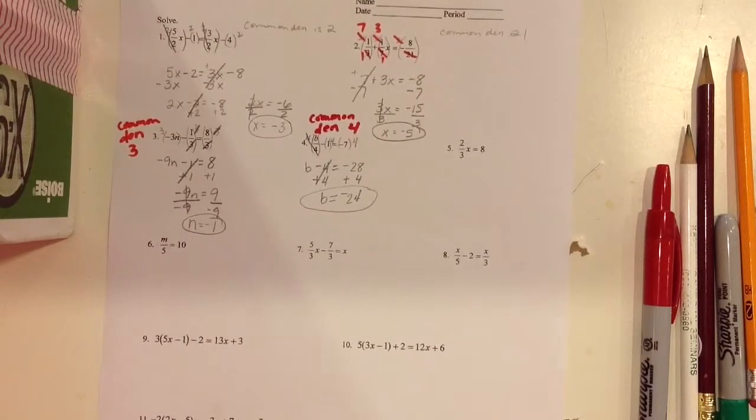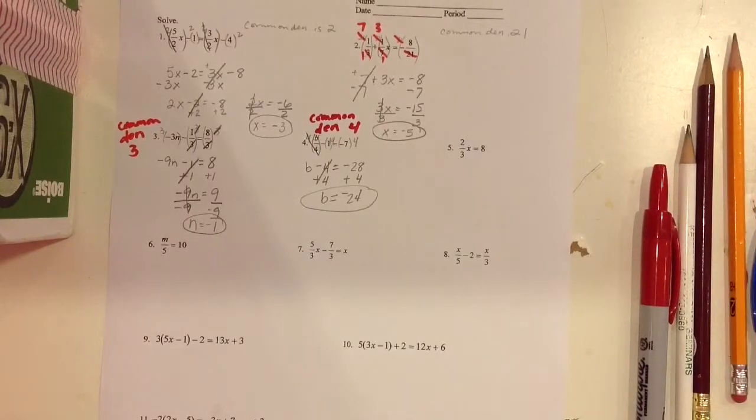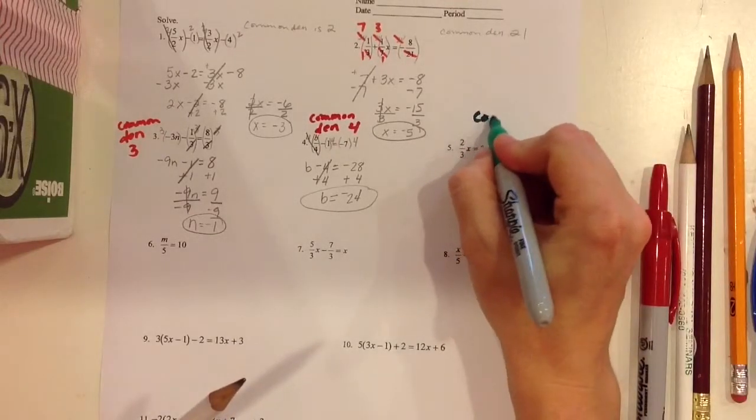Now on this next one, there's a couple of actual things you can do. You can multiply by the reciprocal if you wanted to. I'm just going to continue to go with what we're doing here, getting a common denominator, multiplying by it, and dealing with the fraction this way. So on our example on number 5, we only have 1 denominator, so that's it.